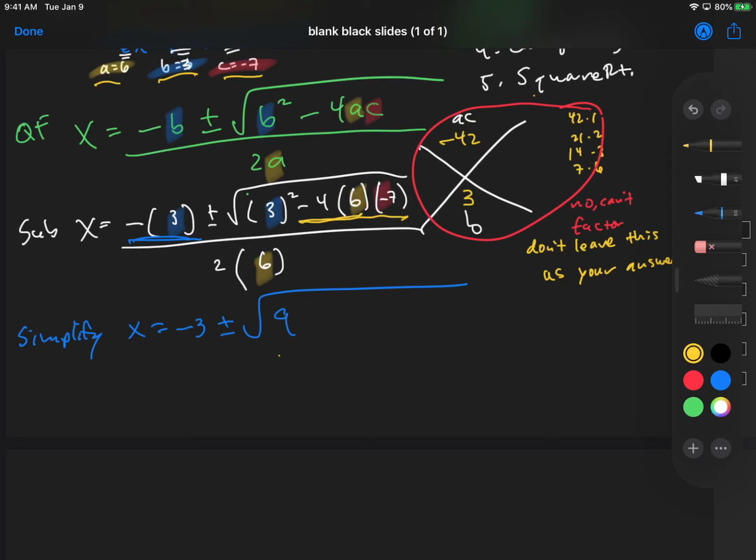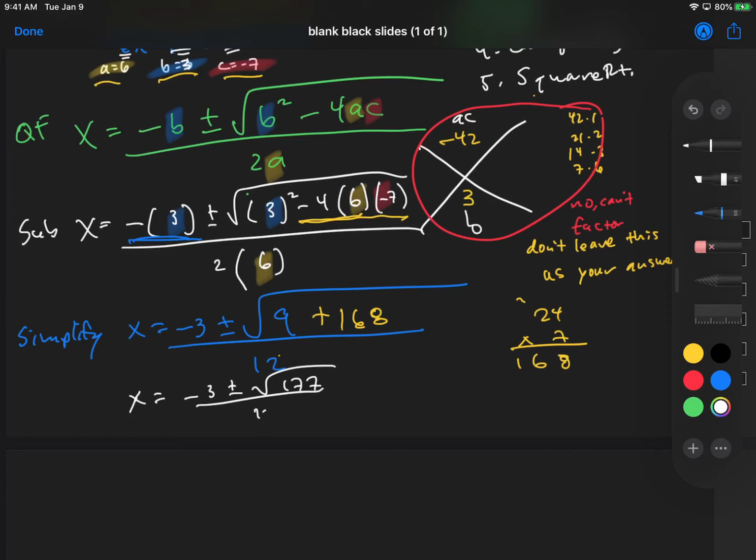Negative times negative is a positive, so I have 24 times 7, which is 168, and all over 12. Let's keep simplifying, we're almost done here. So I have x equals -3 plus or minus the square root of 9 plus 168, which is 177, over 12.